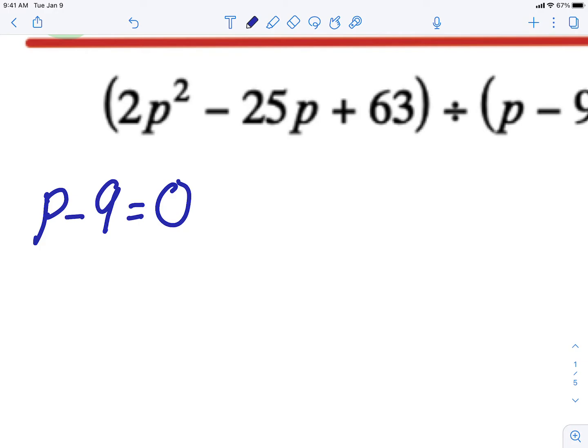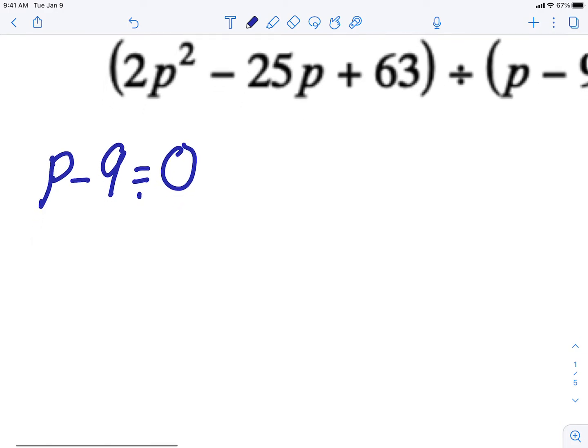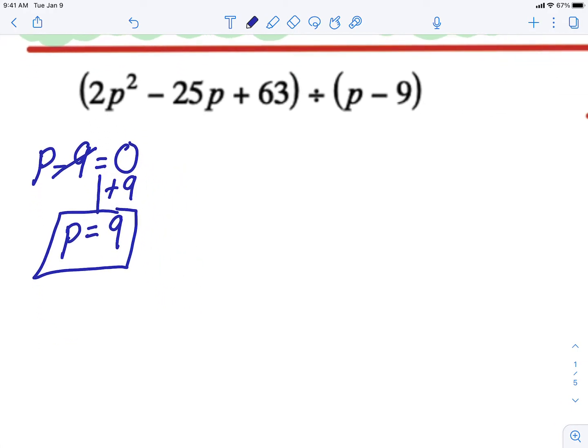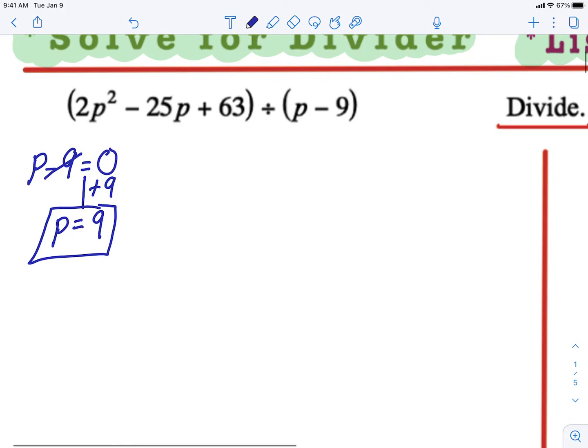I'm going to get p by itself. I cross out negative 9 and make it plus 9 on the other side, and I get p is equal to 9. So there's my 9 there.